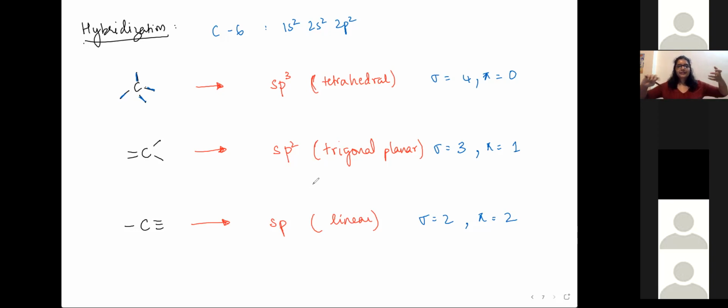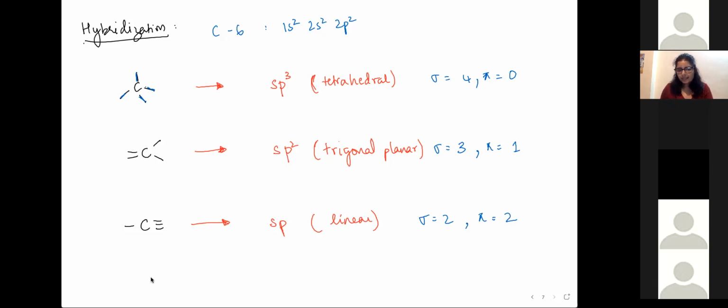Pi bonds. Sigma is like overlap, और जितना overlap हो सकता है उतना ऐसे overlap हो जाएगा. But when it comes to pi bonds, it's like above and below the axis, right? There's a little bit of adjustments there. So based on that, which bond can you break easily? If you had to break one bond, will you go for a sigma bond or a pi bond? Pi bond would break easily. Yeah, pi bond, right? So keep that in mind.